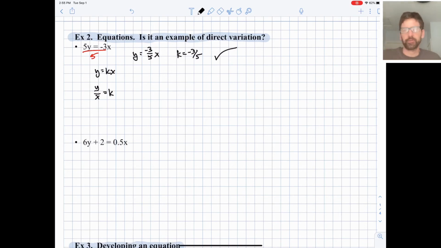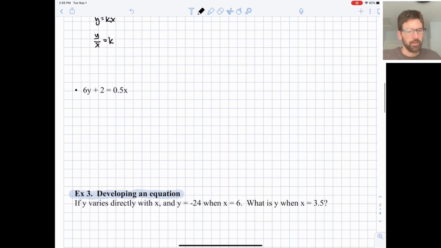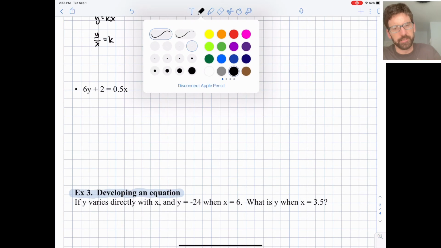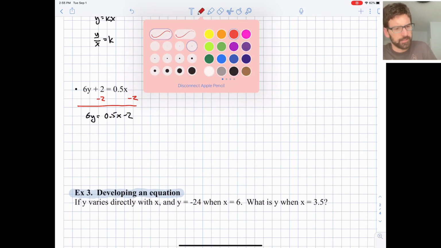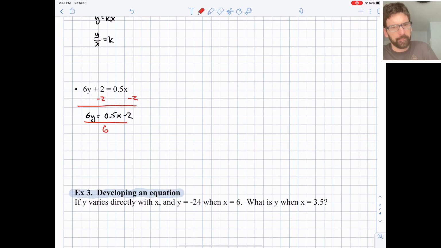Basically, we're isolating for y. We can do something similar for this next one. Let's subtract 2 from both sides, and we get 6y equals 0.5x minus 2. Let's divide both sides by 6, and we get y equals 1/12 x minus 1/3.